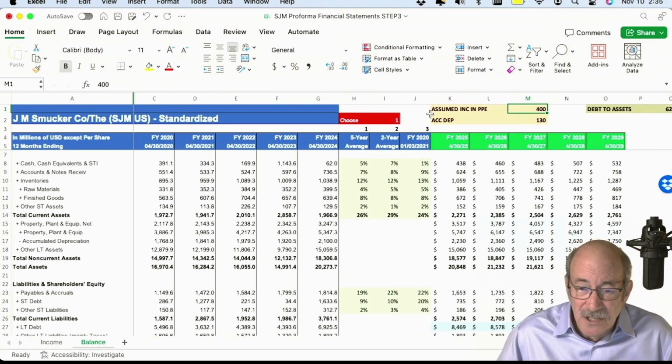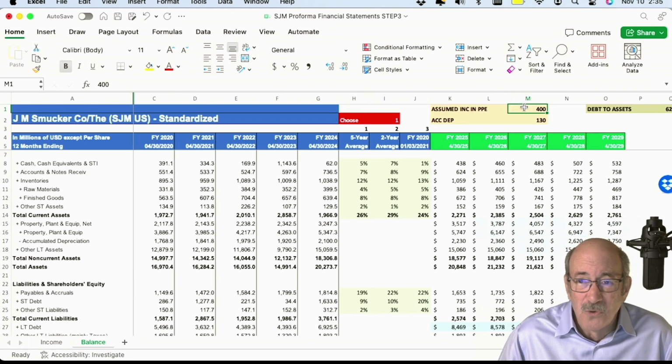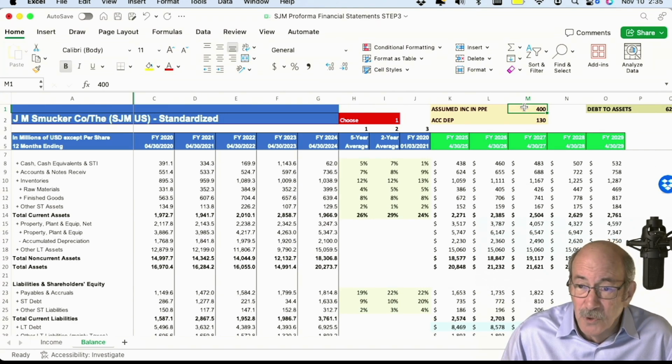And I've made it easy for myself to be able to change what the plant, property, and equipment is, and the accumulated depreciation, or the addition to accumulated depreciation, I should say. I've only done this for one. I've used one set of cells so that it references all 5 forecasted years. Another way to do this would be to simply say, well, let me make assumptions about that for each year.